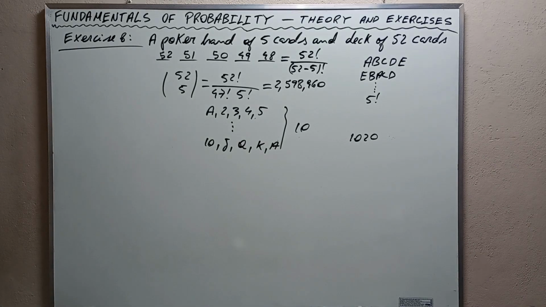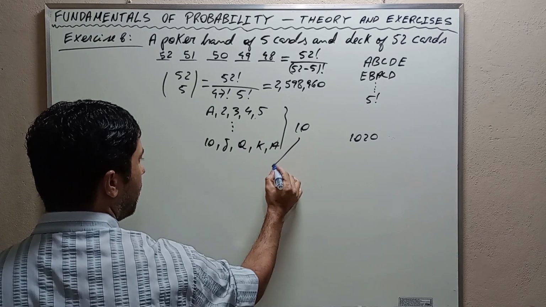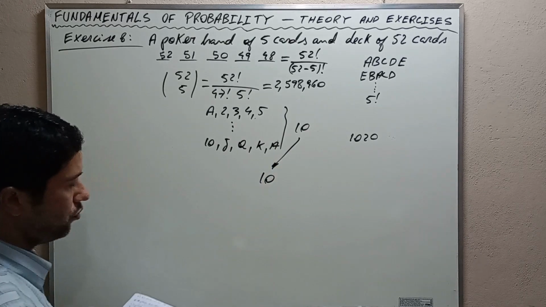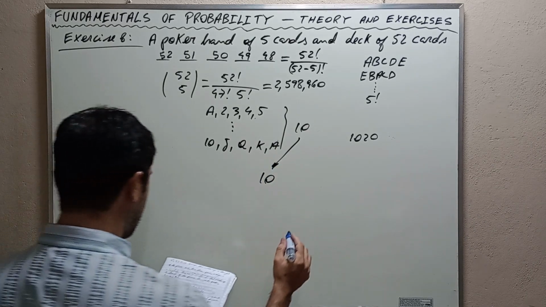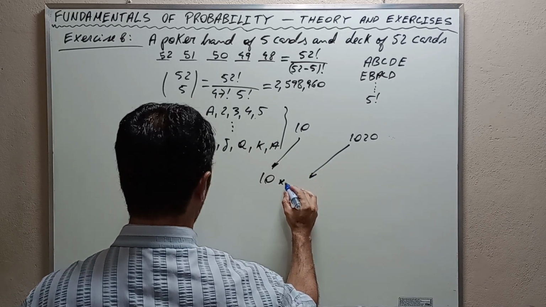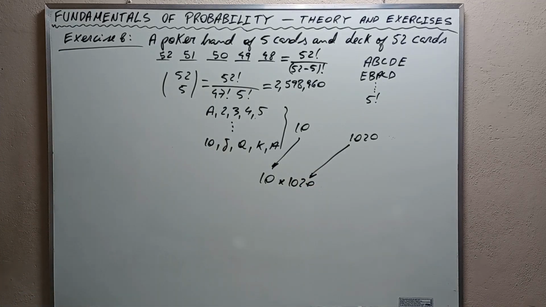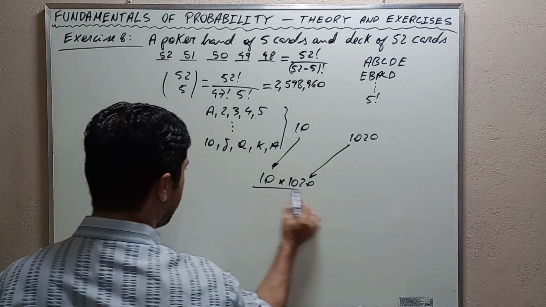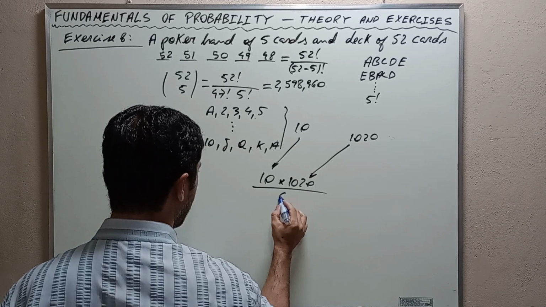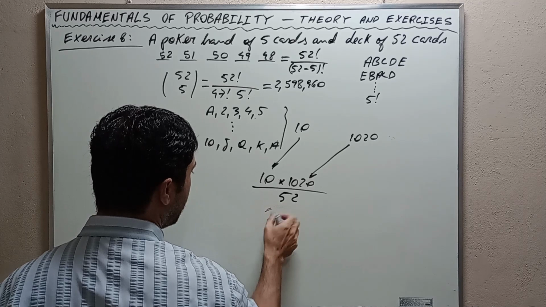Okay, my friends, and ultimately the desired probability is going to be 10 times 1020 divided by the sample space. We calculated the sample space, okay?